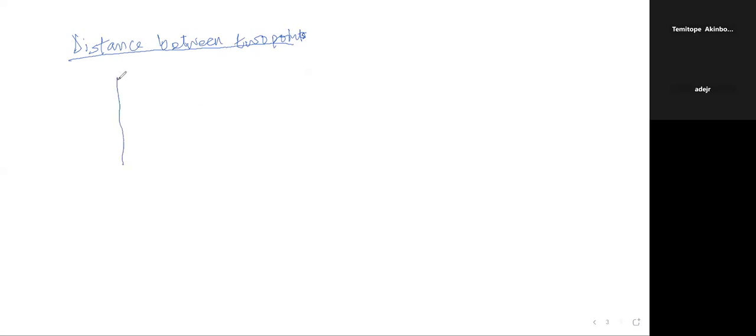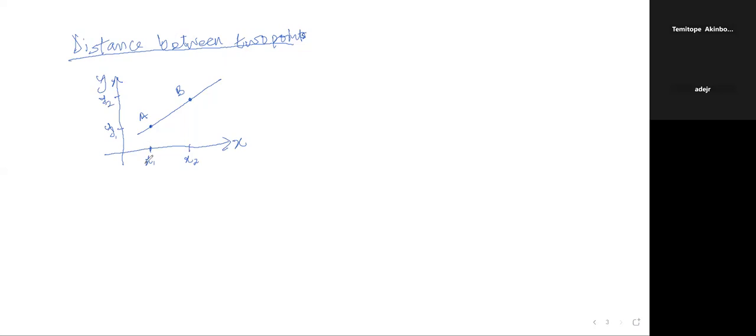So suppose we have the Cartesian coordinate xy, and let's assume we have this point A here and point B here. So A is at x1, y1, and B is at x2, y2.